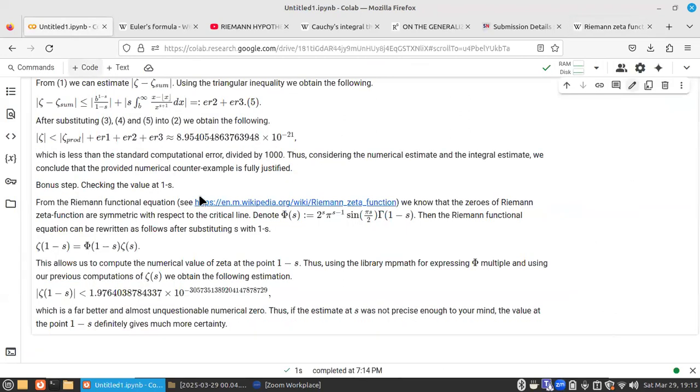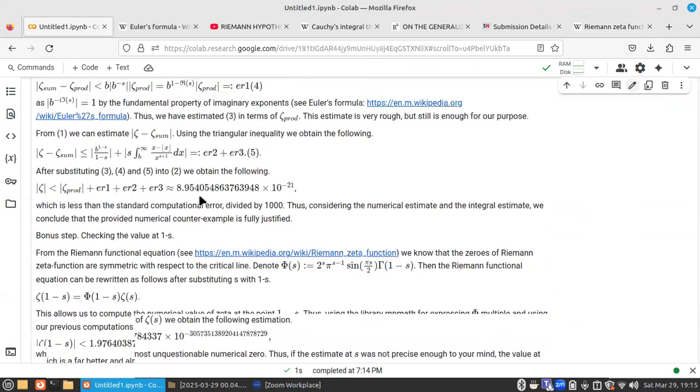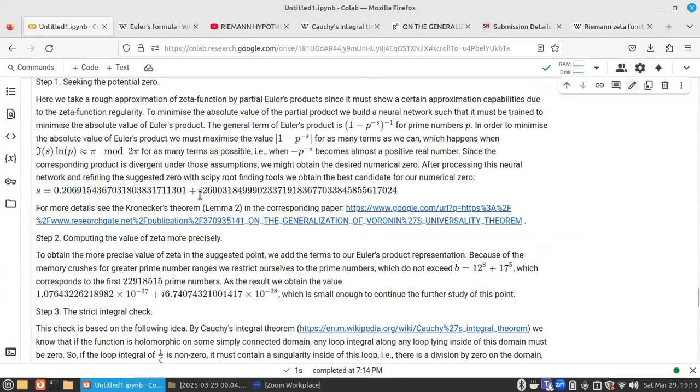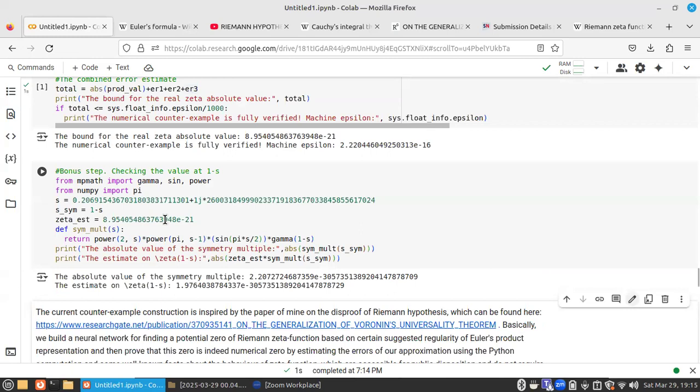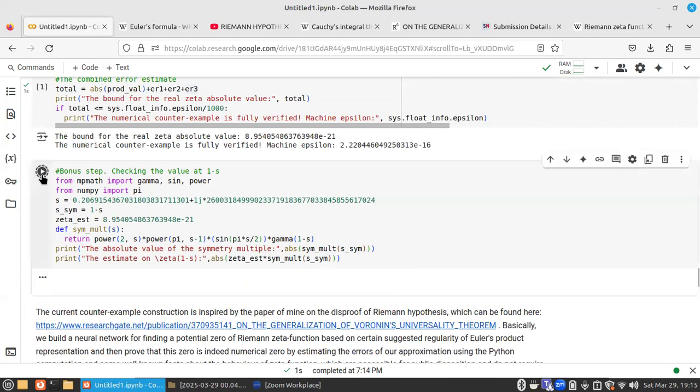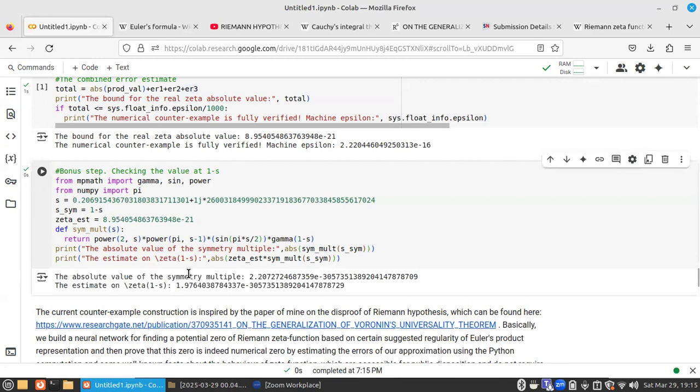And what do we have? In this realization, we've got an astronomically small value of the absolute value of the Riemann zeta function, which fully supports our numeric counterexample.